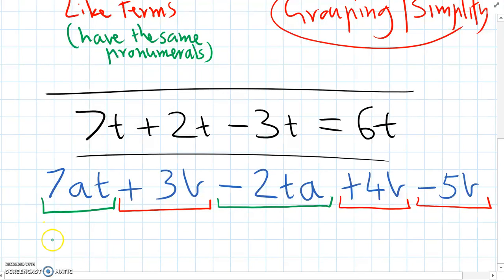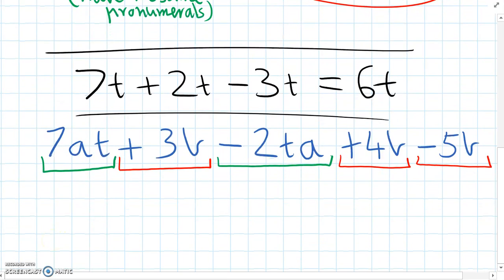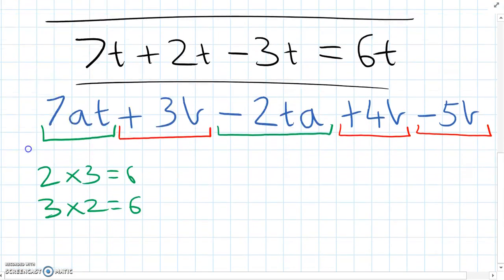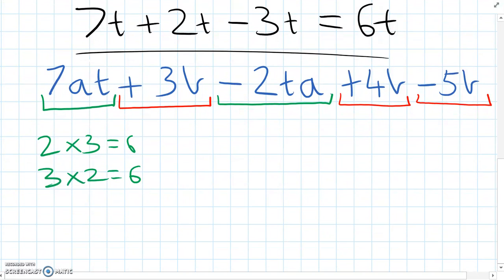Because remember, with multiplication, 2 times 3, which is 6, that's the same as 3 times 2. And that's called commutativity. So we can swap the numbers around and we still have the same answer. Which means we could rewrite this as negative 2at, which is definitely a like term with 7at.